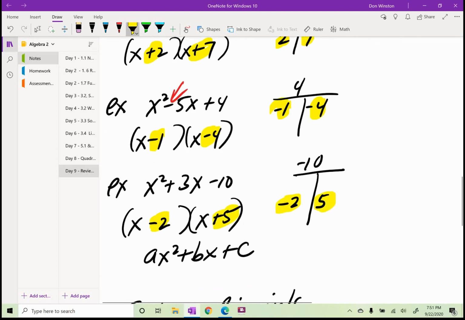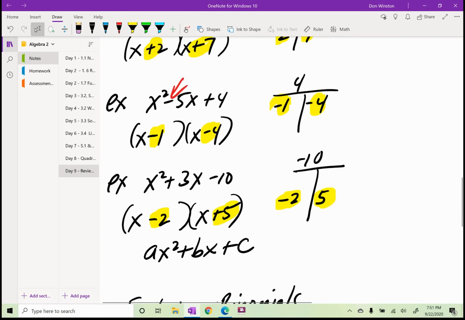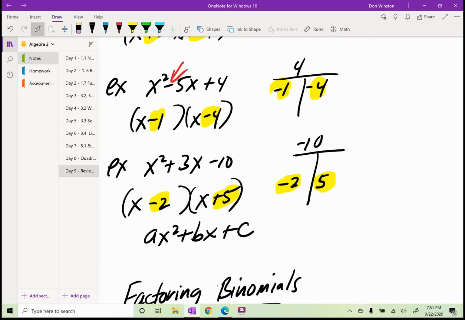All right. So in general, when you're factoring trinomials, you're trying to find factors of the C term that add up to the B term in the simple case. And when I say the simple case, I mean when A is equal to 1. Very easy.